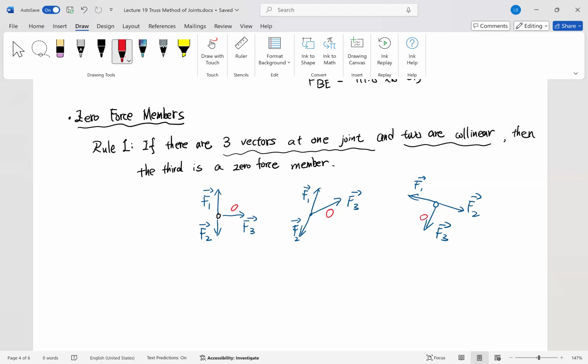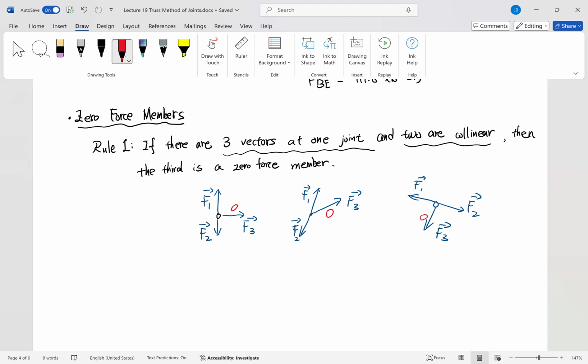Okay. So if you go back to the problem solving steps for the previous example, actually all the examples that we've given here for rule one are a T pattern, right? For the T pattern here, the third vector that is not along the line of the other two collinear vectors has to equal zero.